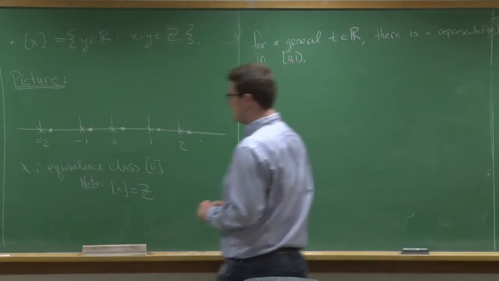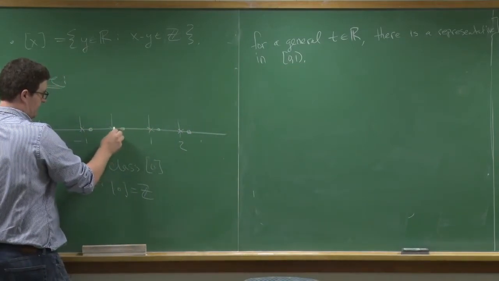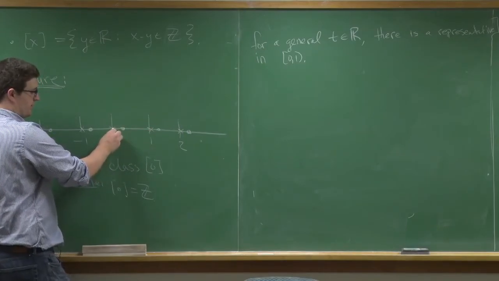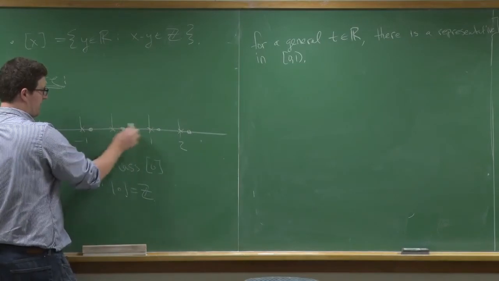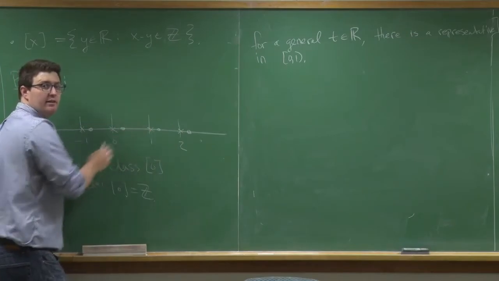If you take all these classes here, and I have this 0, 1, 0 and 1 are really the same thing under this equivalence relation. But if I were to keep going here, I would wrap around, right, and find another class here. Do you guys see that?